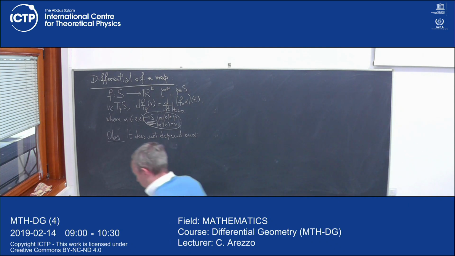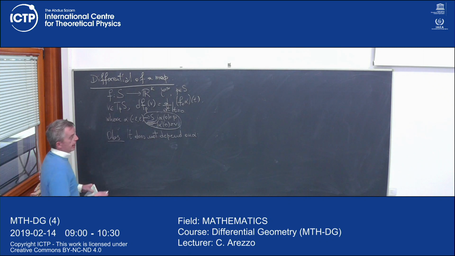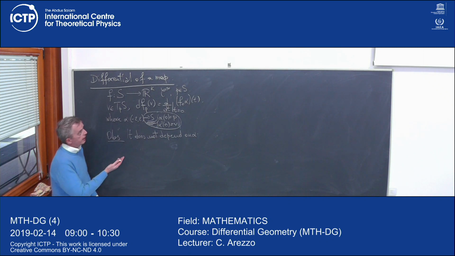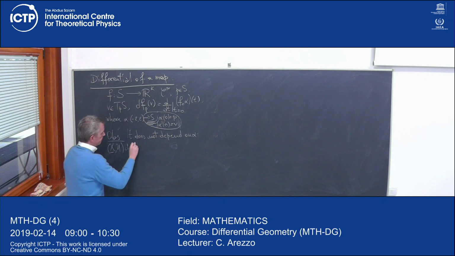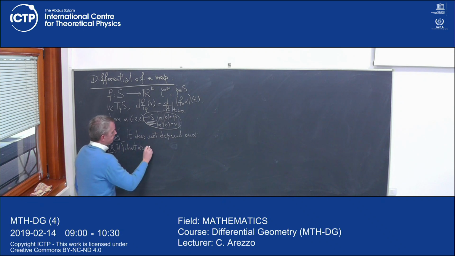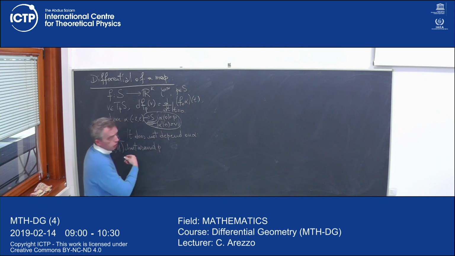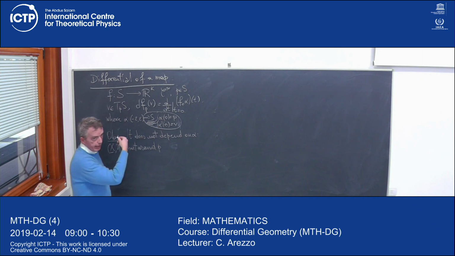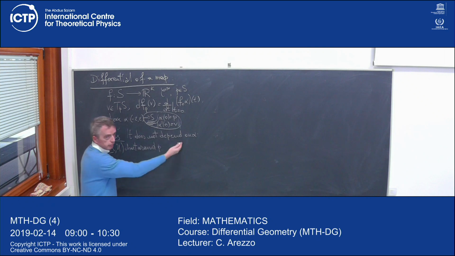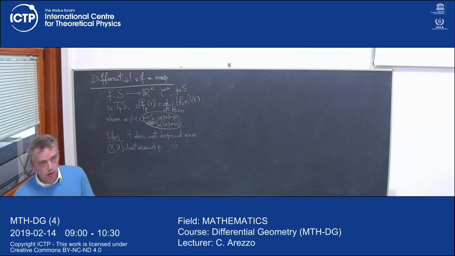Good, let's do it. But now, if I want to play that game, I need to take a chart X: U to S around p. And this is good actually, because playing that game, even in the classical case, gave me more than just this statement. It also gave me a way to write it down. So it was well spent time.